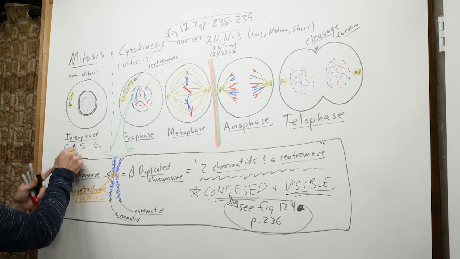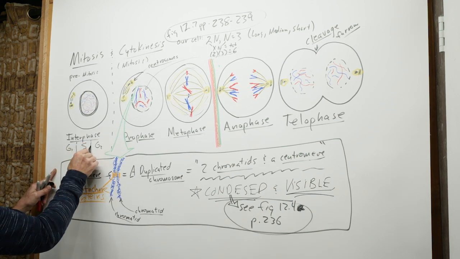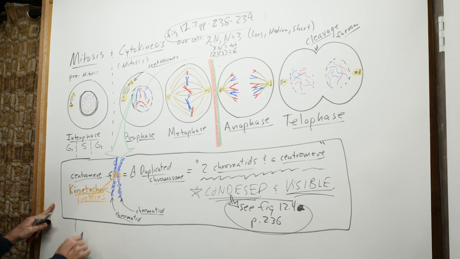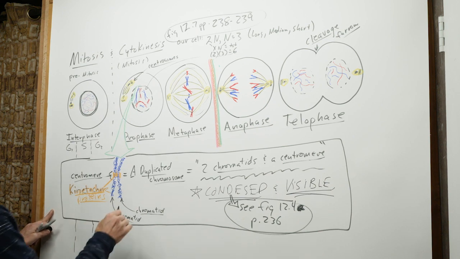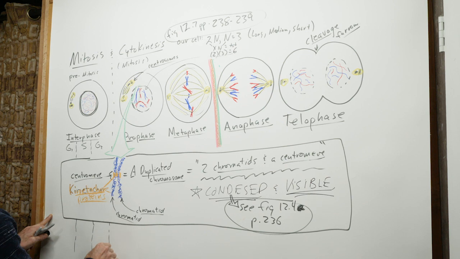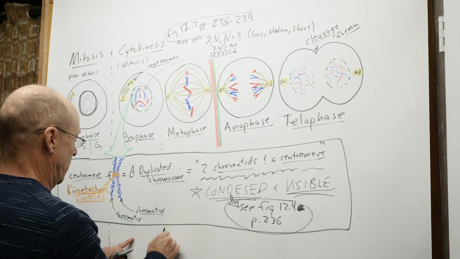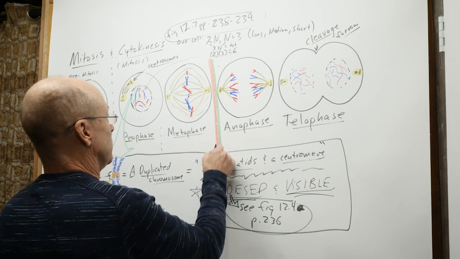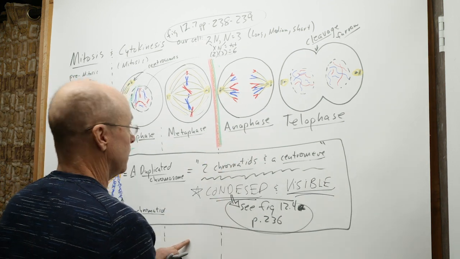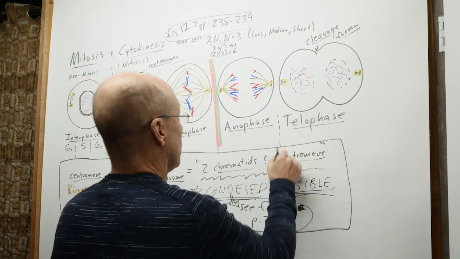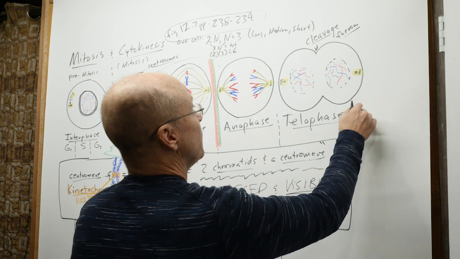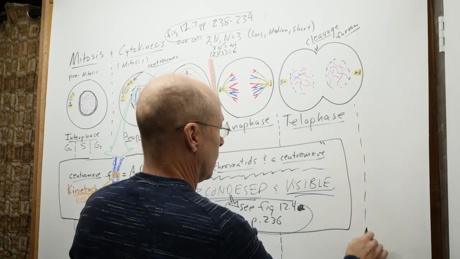If we take our G1 all the way down here, and then continue down here with what's going on between these processes, we have divisions between these phases.